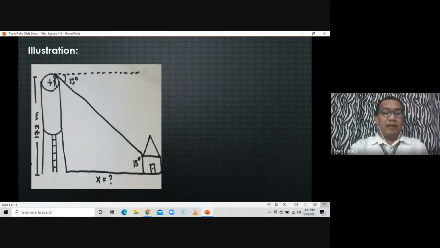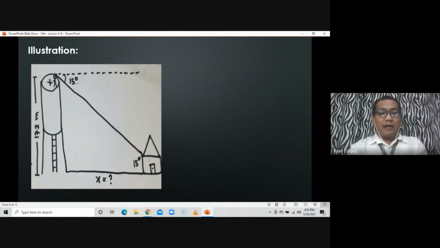So kung 15 degrees to, bakit naging 15 degrees din yun? So imagine kung meron tayong parallel lines. So, eto, tsaka yung distance, they are parallel to each other. And this line will serve as the transversal. Di ba?